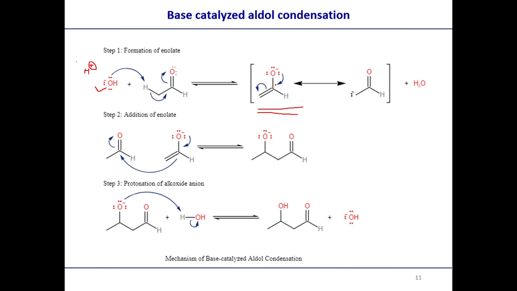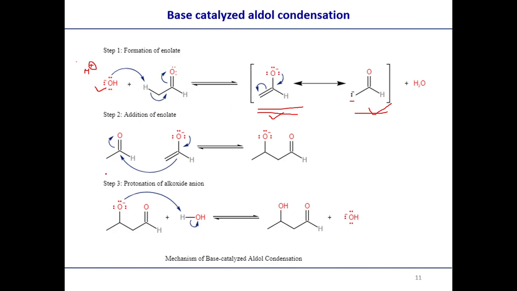So this is enol form and this is keto form. These are tautomers. Both are stable. So this lone pair will push here and a negative charge will come here. This is your keto form. So in aldol condensation, enolate first will form, because enolate is more stable compared to the keto form.